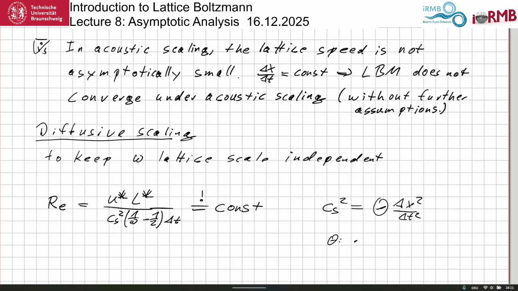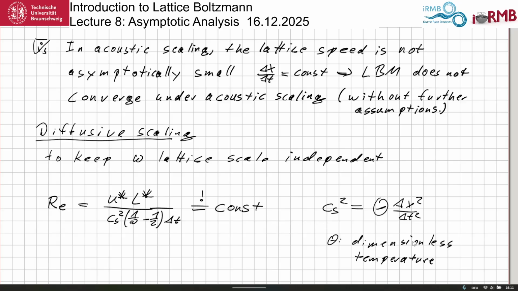That is called the dimensionless temperature. The speed of sound is related to the microscopic kinetic energy, and the microscopic kinetic energy is of course related to the temperature by the Boltzmann constant, but we forget about the Boltzmann constant.